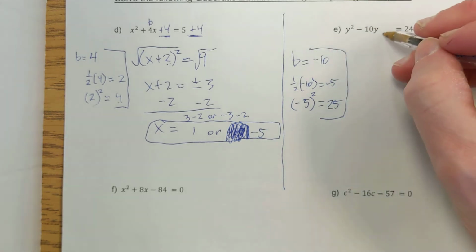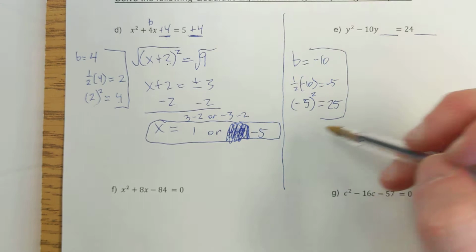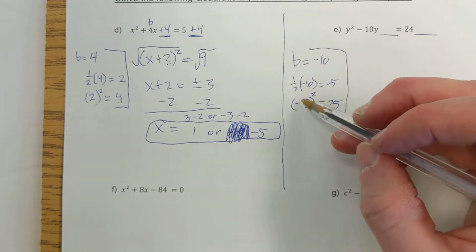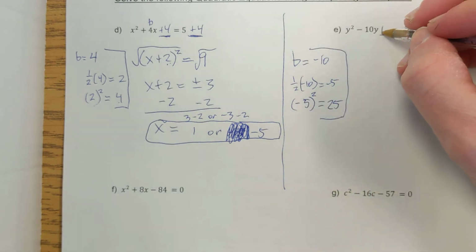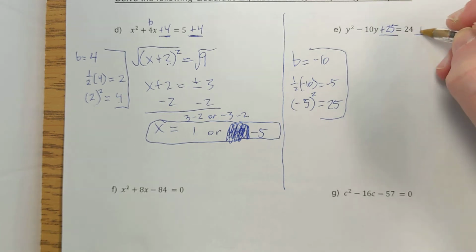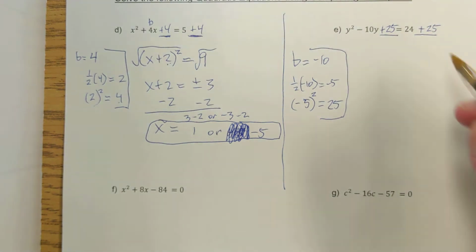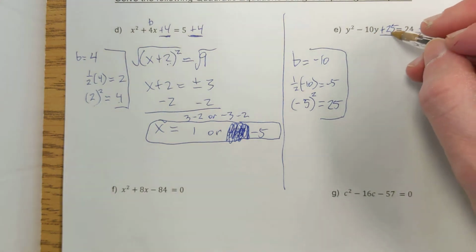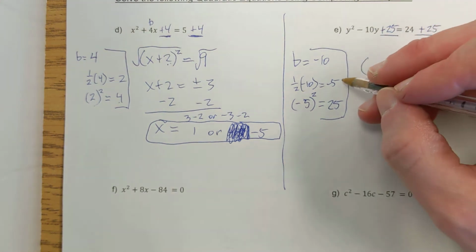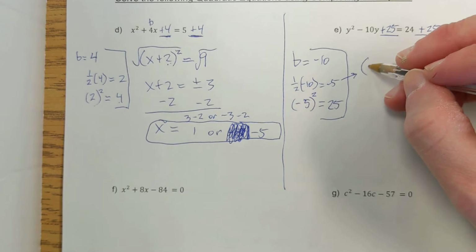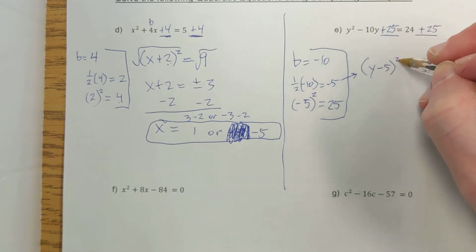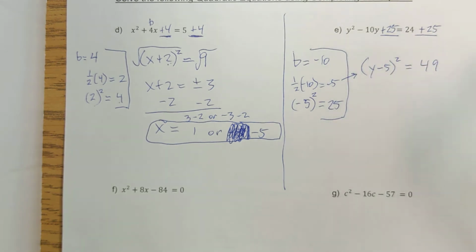So you'll note, anytime we add something to both sides in these completing the square questions, because this is squared, it should always be that you add a positive number. In this case, you're adding 25 to both sides. Okay, so that's where we're at there. Then factors of 25 that combine to negative 10 should always be the second one. It's going to be y minus 5 squared is equal to 49.